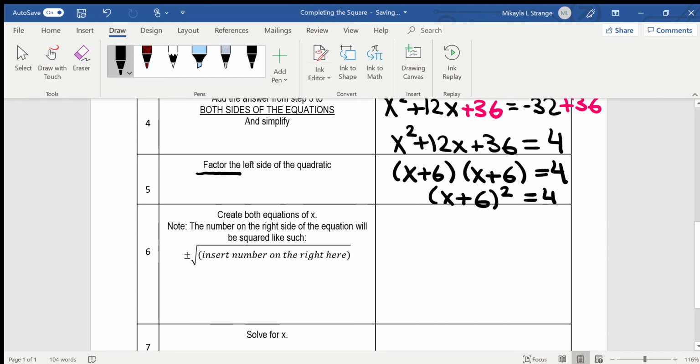From here, we need to create both equations of x. And note that the number on the right side, because we will be square rooting, is going to be using the plus or minus symbol. So, I'm going to rewrite this as x plus 6 squared is equal to 4. I'm going to square root both sides and put the plus or minus symbol right here.